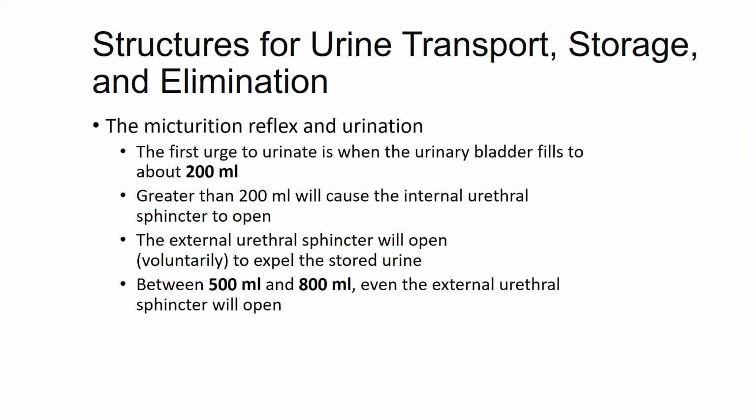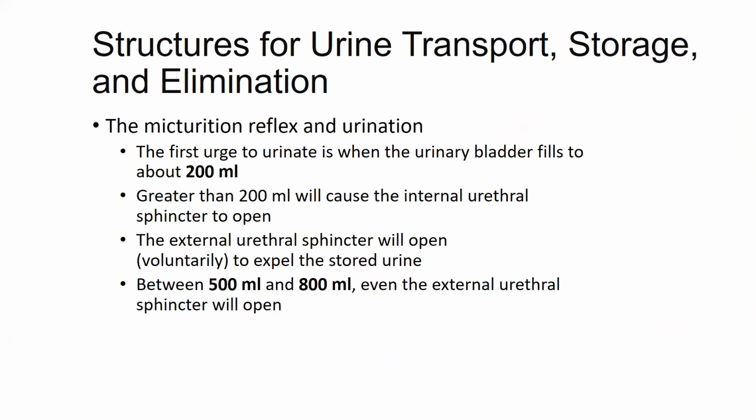At that point, we have control over the external urethral sphincter. We can open it and we can void the bladder. If that does not take place, the bladder will continue to fill as we continue to make urine. It will go from 200 mL to 300 mL to 400 mL to 500 mL.